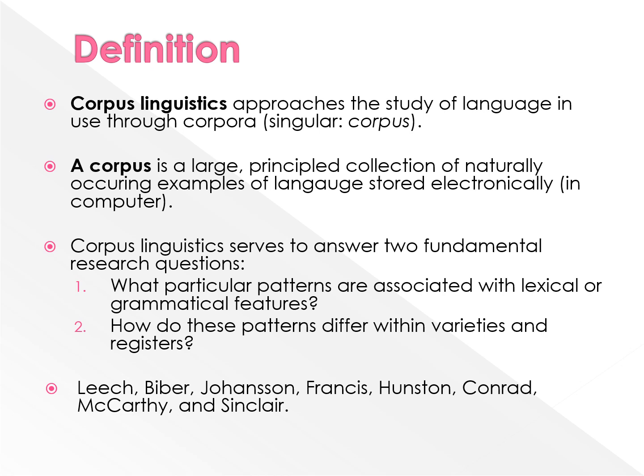So the word corpora refers to a large principal collection of naturally occurring examples of language stored electronically in computer. So in other words, the word corpus refers to big data in terms of language, in the form of language, spoken or written, which is stored electronically in computer.